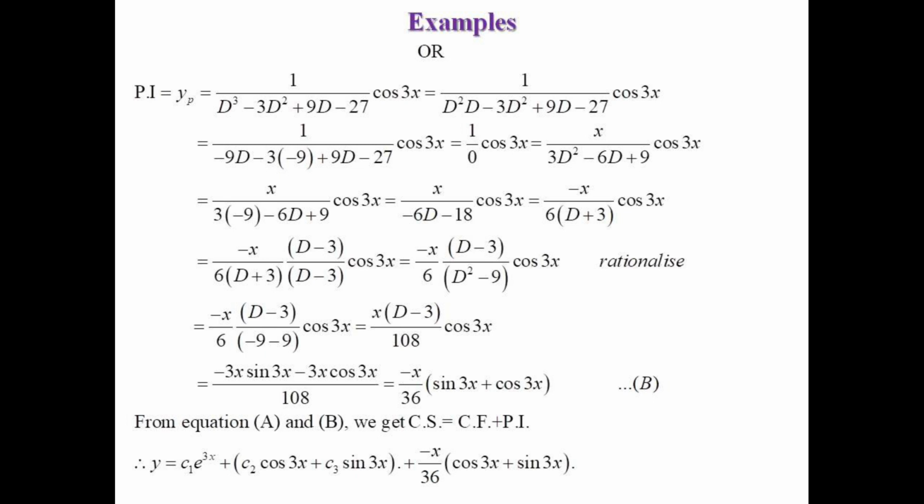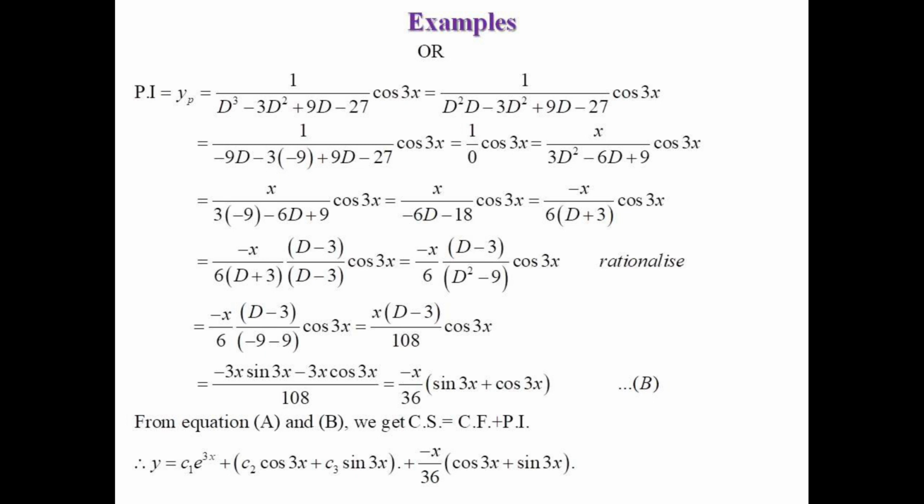If we simplify this, then we get x upon minus 6d minus 18. For simplicity, if we take the minus sign common, then we get the next step as x upon 6, which is also common, d plus 3, into cos of 3x.